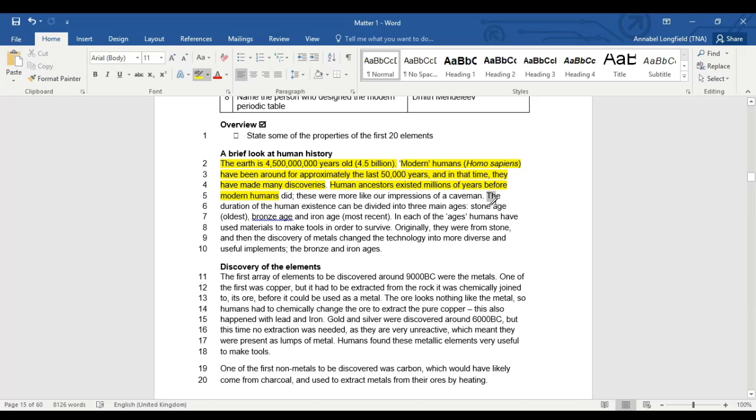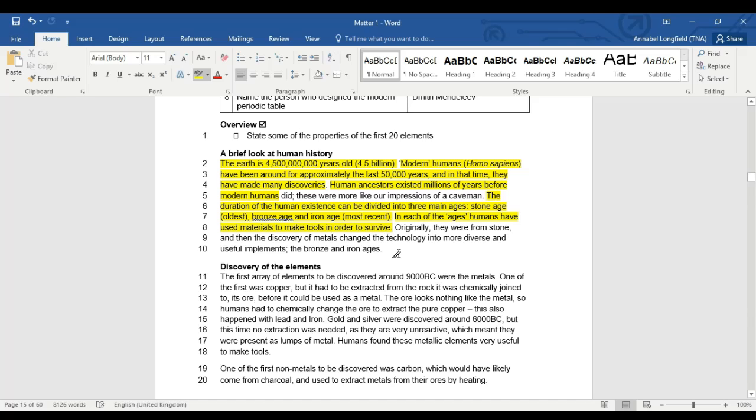The duration of human existence can be divided into 3 main ages. These are the Stone Age, Bronze Age, and the Iron Age. Now, the Stone Age is obviously the oldest, then the Bronze Age, and then the Iron Age. In each of these ages, humans used materials to make tools to survive.